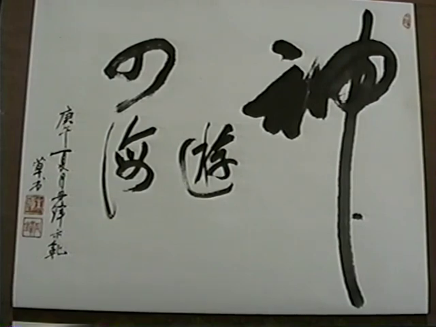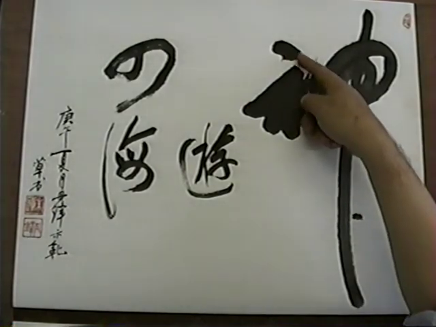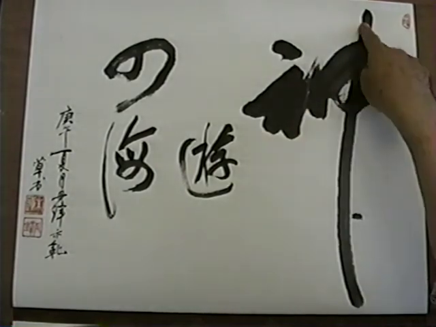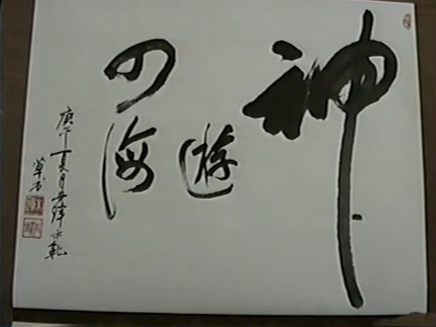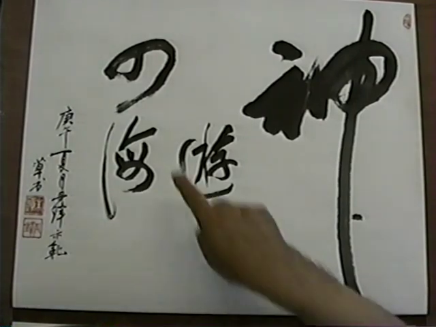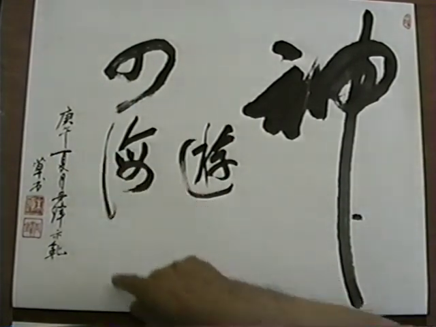Lastly, we will show you the style called running style or grass style. You can see this word here like this, and a long line, and especially this one, it moves fast.